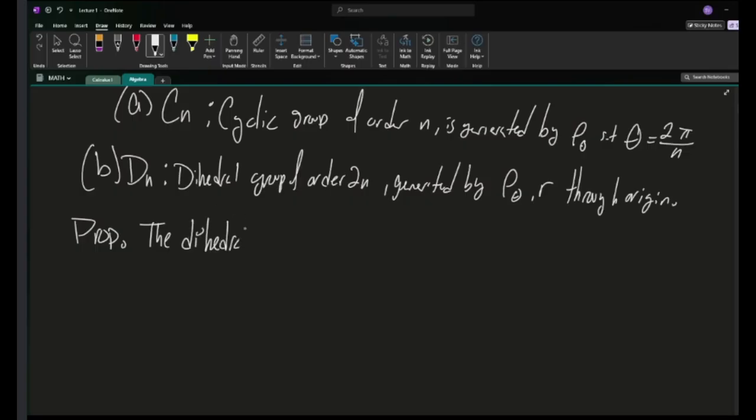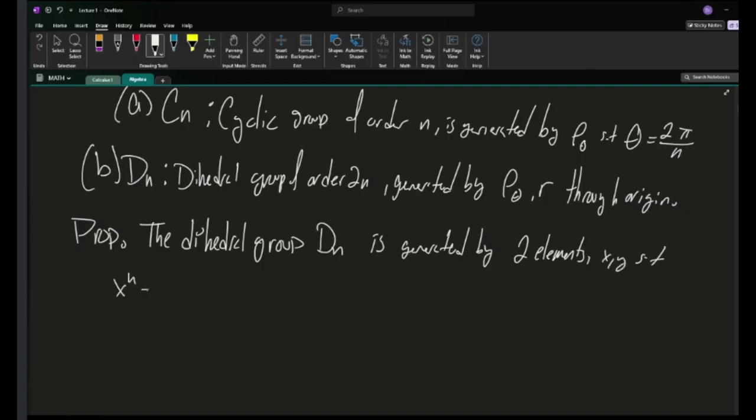The dihedral group Dn is generated by two elements, x, y, such that x to the n is equal to 1, and y squared is equal to 1, and yx is equal to x inverse y.